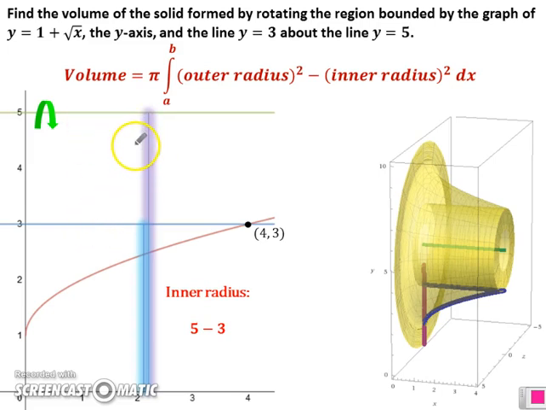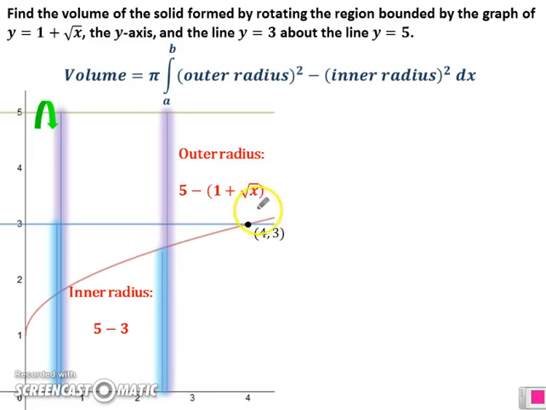But it's the same concept where we take the distance from the line of rotation, whatever we're spinning it about, and subtract whatever curve we're dealing with, which in this case is y equals 3, and that'll give us the radius that we need. So we have our outer radius, which is 5 minus the curve, and our inner radius, which is 5 minus y equals 3.